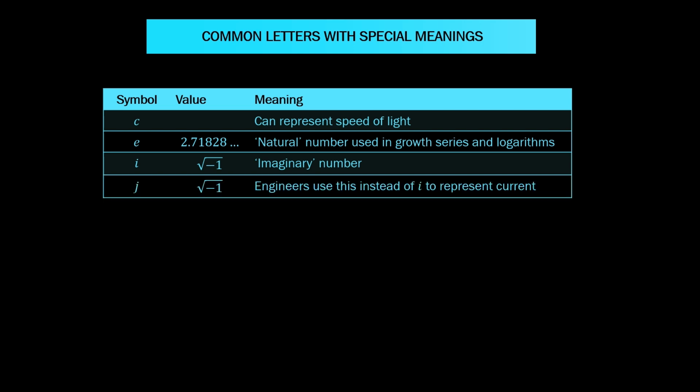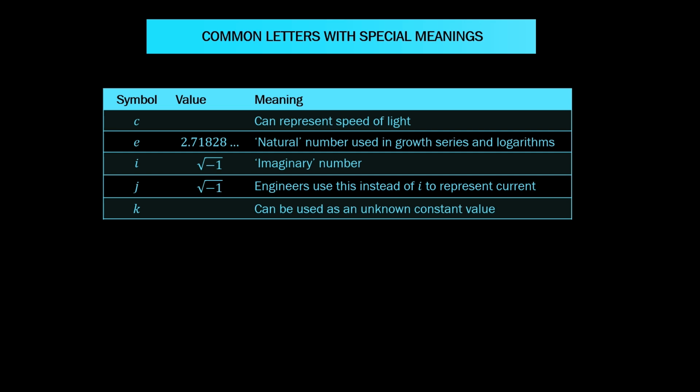The symbol J is often used by engineers instead of I to represent current and is also root minus 1. The symbol K can be used as an unknown constant value, and sometimes we use C for this as well. And T usually denotes the variable for time.